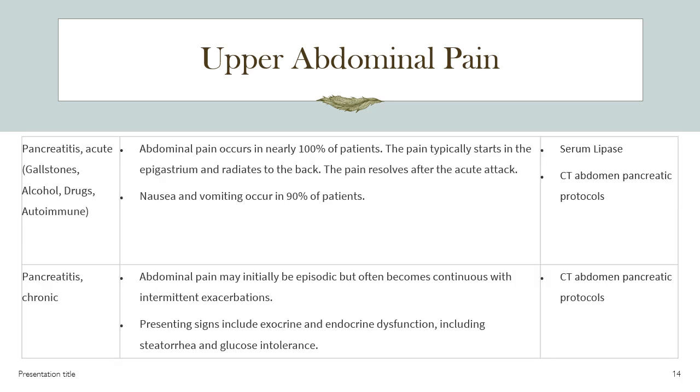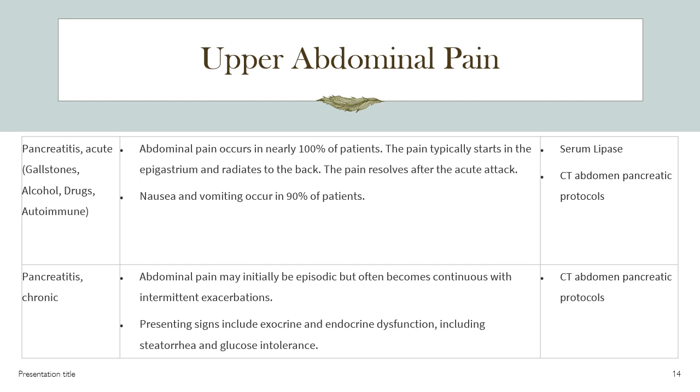Then pancreatitis. The second thing after MI and peptic ulcer disease that he needs to rule out is pancreatitis. These patients typically have severe upper abdominal pain. That might be epigastric, right hypochondrial, or left hypochondrial. It can be anywhere in the upper abdomen.